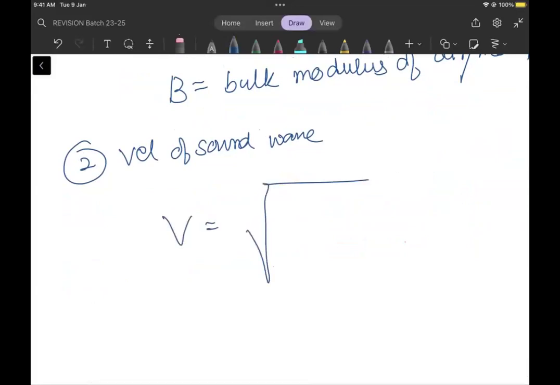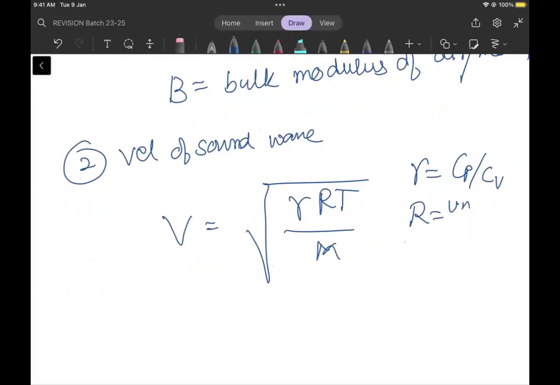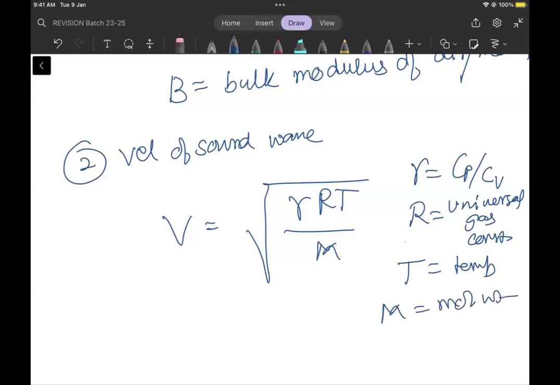It is equal to root of gamma RT by M. Gamma is equal to Cp by Cv ratio. R, you know, is the universal gas constant. T is temperature, and M is molecular weight.